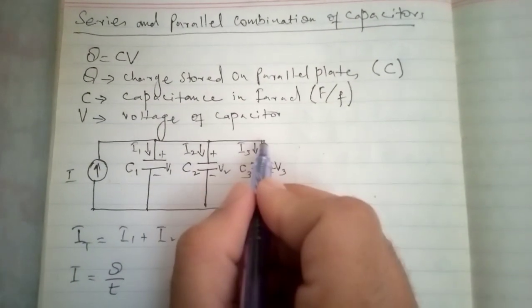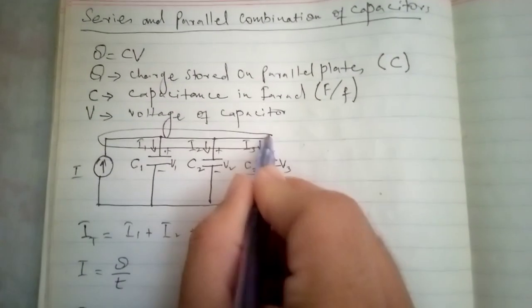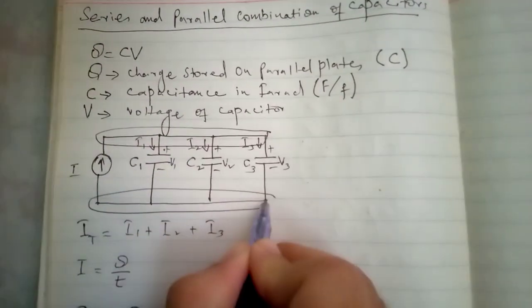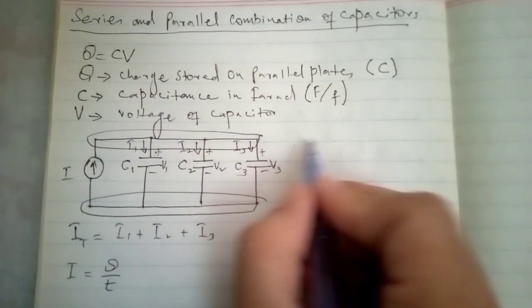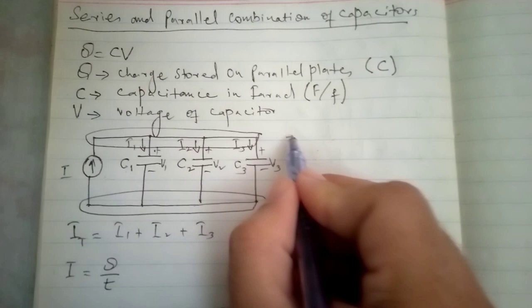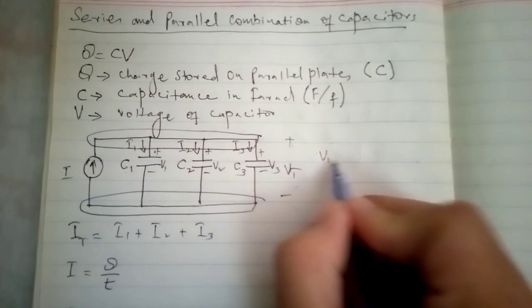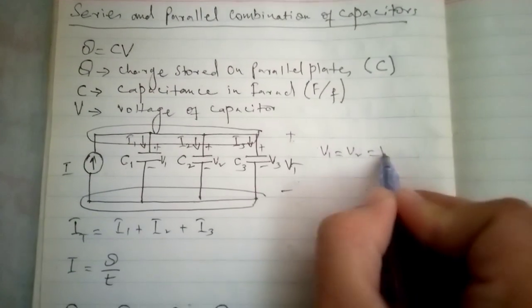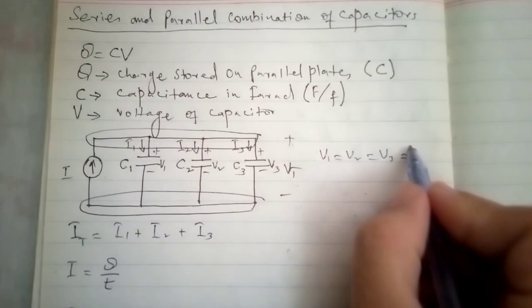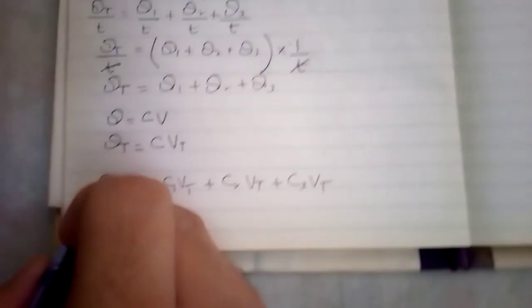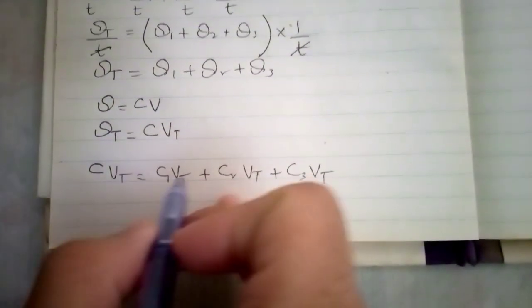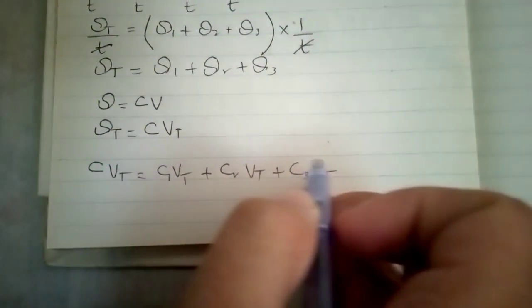Since there are two nodes, this is the node 1 and this is the node 2, so the voltage across these two nodes is plus minus Vt, which is called total voltage. So V1 is equal to V2 is equal to V3 is equal to Vt. That's why I have written here C Vt is equal to C1 Vt plus C2 Vt plus C3 Vt.